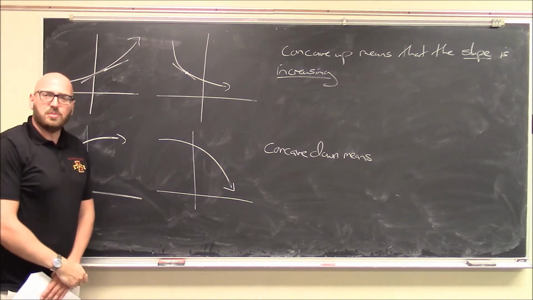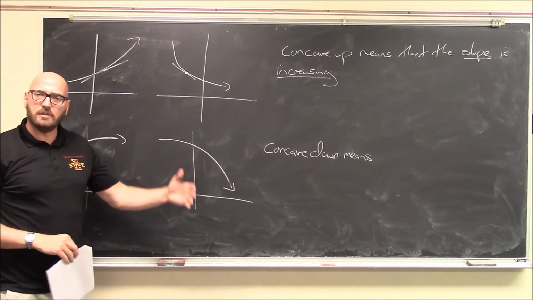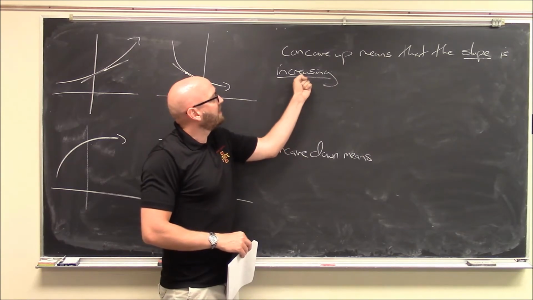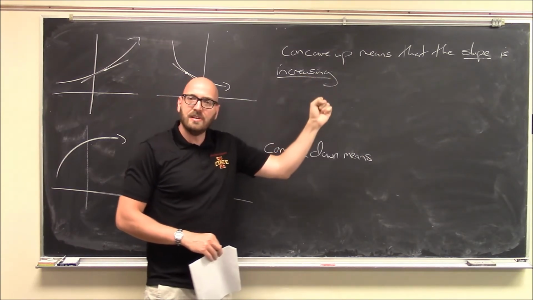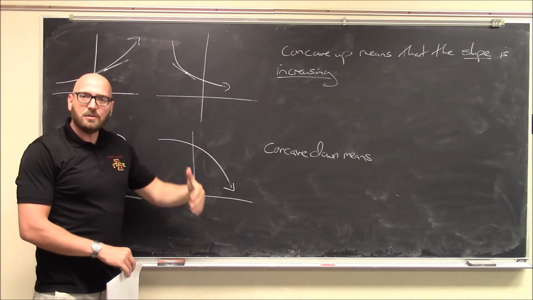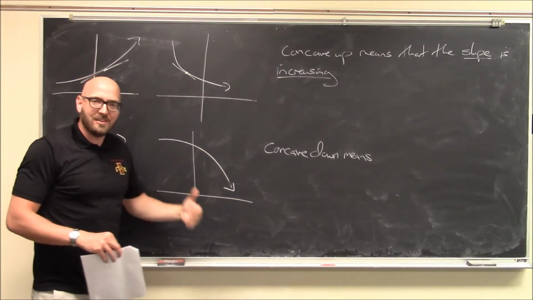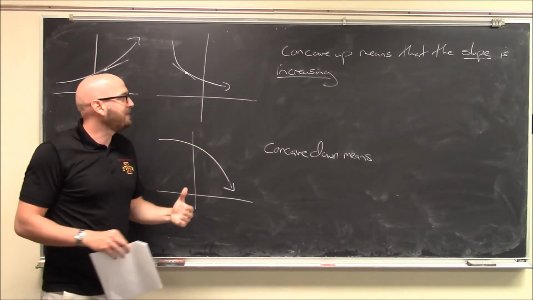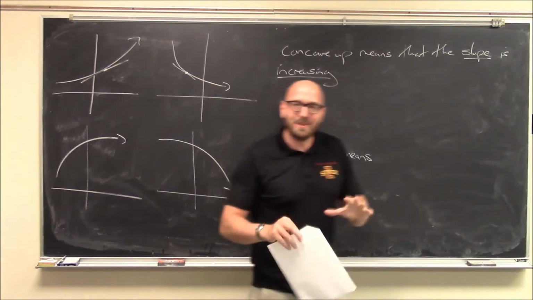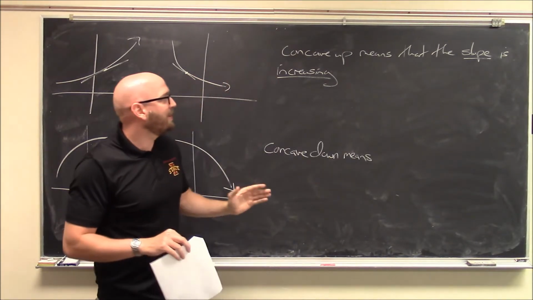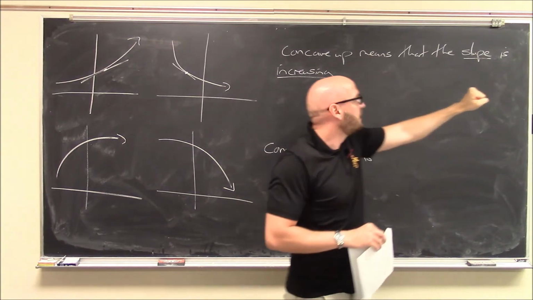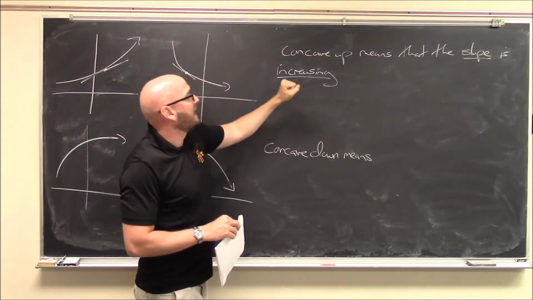But what is the slope? Well, the slope is the derivative, right? And this says that the derivative is increasing. Well, if something's increasing, what does that mean? That means its own derivative has to be positive, right? So this might require you to do some thought. You might need to stop and think about this for a little while. But the slope is the derivative, the first derivative, and I know that's increasing.